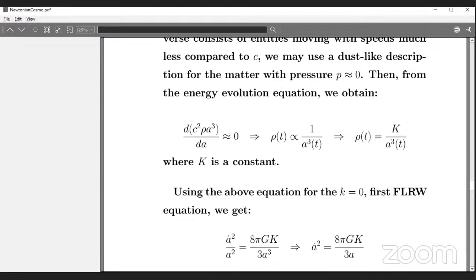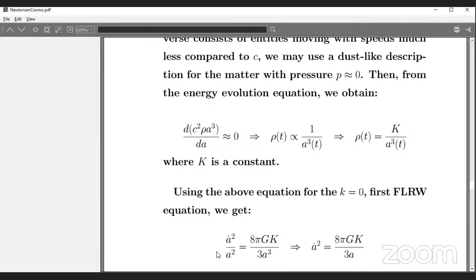For the k equal to 0 model, our first FLRW equation will say a dot square by a square, because k is 0, will be simply 8 pi G by 3 into rho of t. But rho of t for dust-like matter is k divided by a cube. So I get 8 pi G k by 3 a cube on the right-hand side.